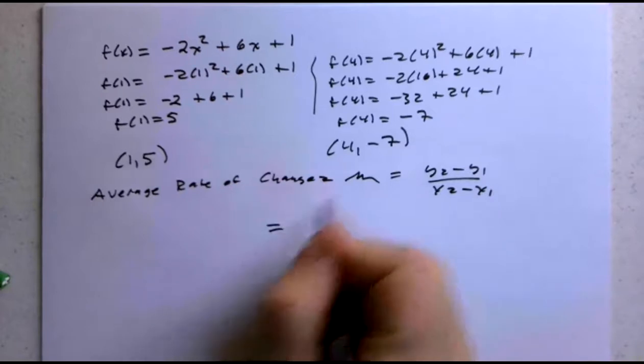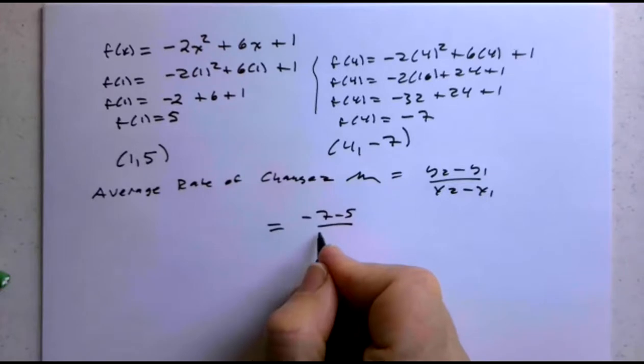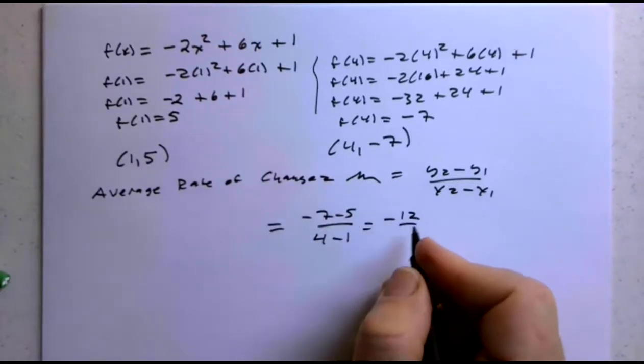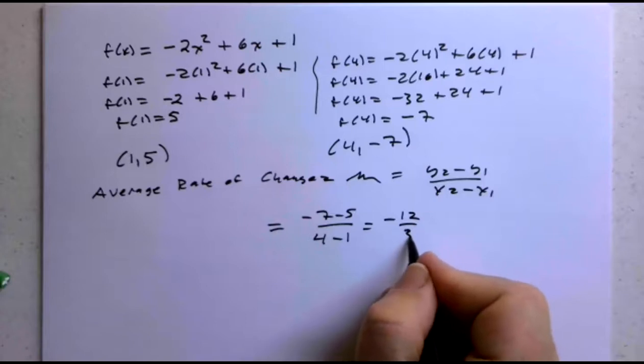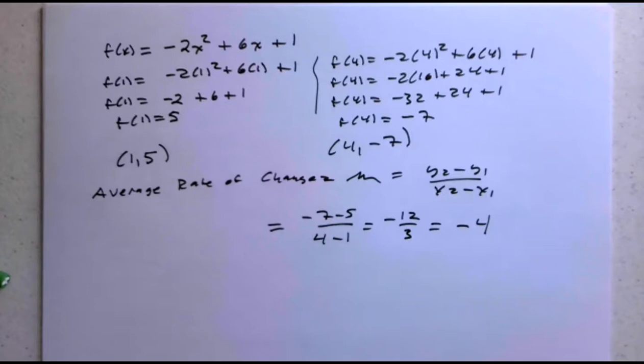So what is that? Negative 7 minus 5 over 4 minus 1. Negative 12 over 3, which is negative 4.